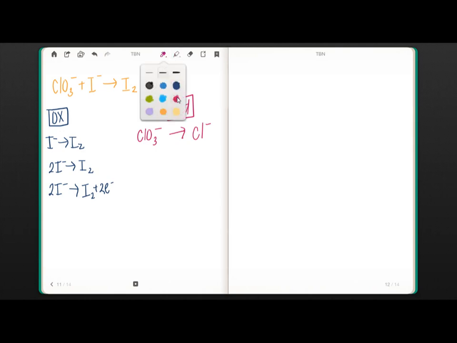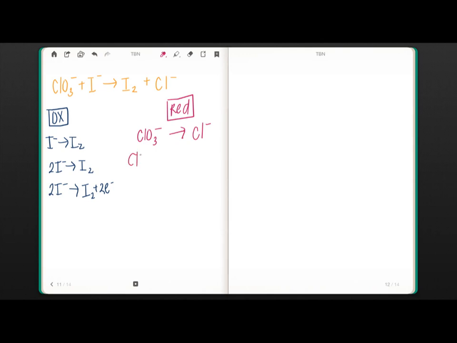Now I'm going to go balance out the reduction reaction. So you have ClO3 minus as it's going to Cl minus. So your chlorine is balanced out. You have 1 chlorine here, 1 chlorine there. Your oxygen, now this is where, in order to balance the oxygen, H2O needs to be added to the other side of the reaction.